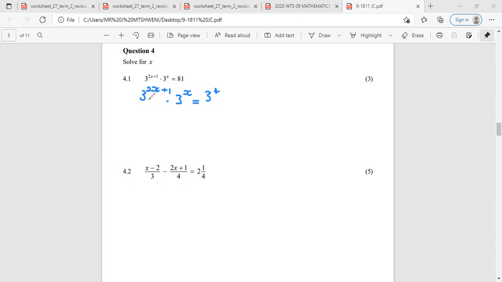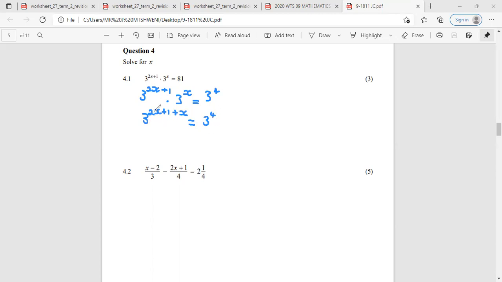Then the next step is multiply powers of the same base. What do you do? You add the exponents. So it's going to be 3 to exponent 2x plus 1 plus x equals 3 to exponent 4.